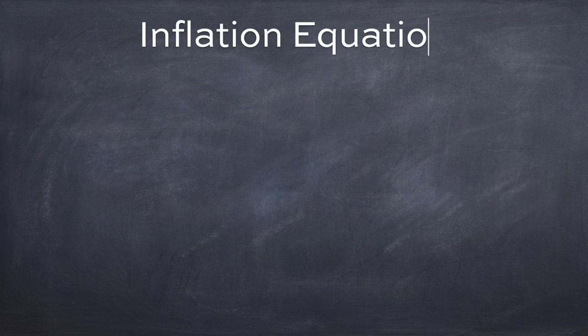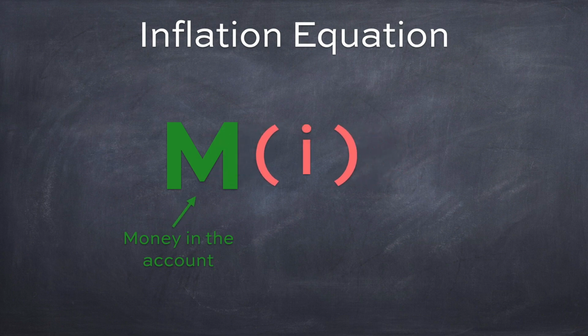It's a very simple equation, and this is also no different than an interest equation. So first we're going to have M, and that's going to represent the money in the account. And so that's going to be our money in our account, multiplied by I, which is going to be our interest rate, and then held to an exponent of Y, which is going to be the number of years gone by.